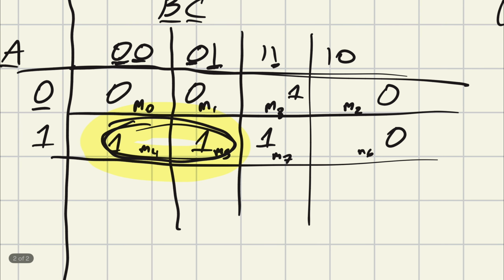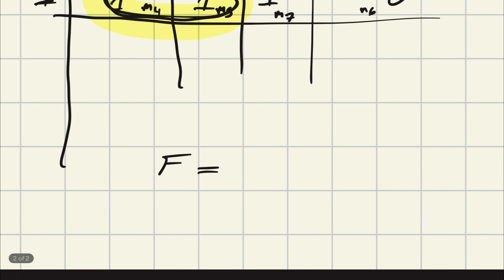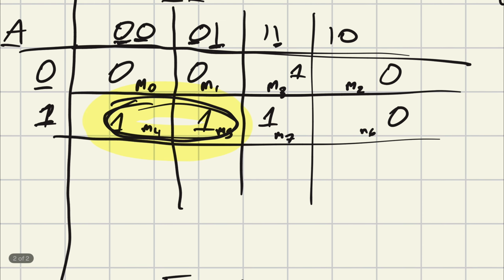We're going to look at first the A variable. Now we know that the A variable is 1 in this row over here. And we know that between this box over here in the K-map and the next one, A is not changing. A is remaining 1. So first we can write A because it's not changing.